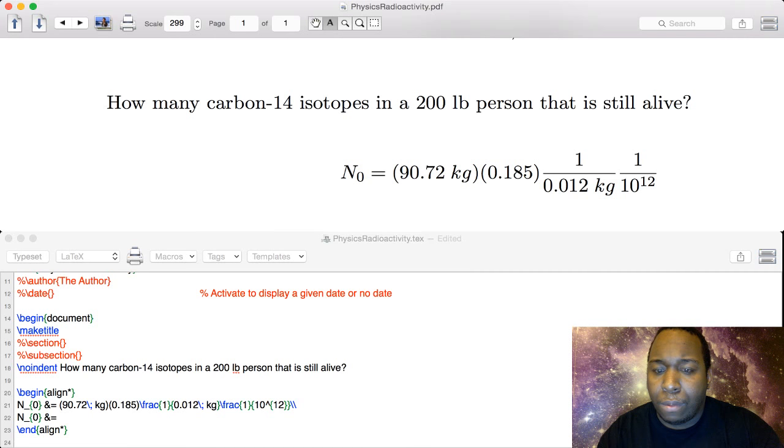So 90.72 times 0.185. I want to divide this quantity by the product of 0.012. I'm doing this all on my computer, guys.